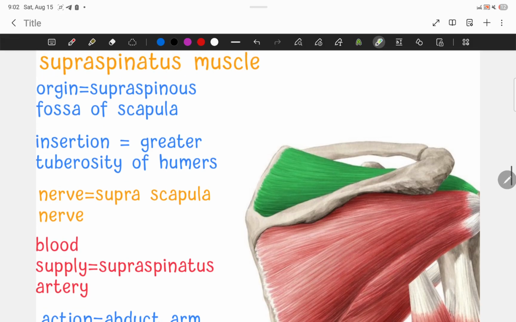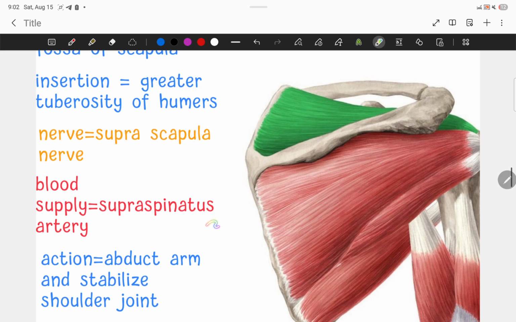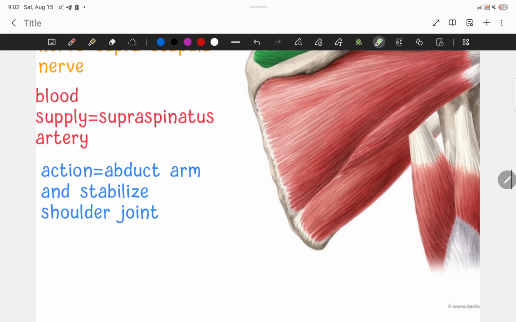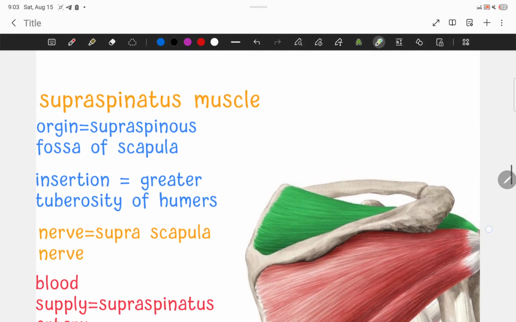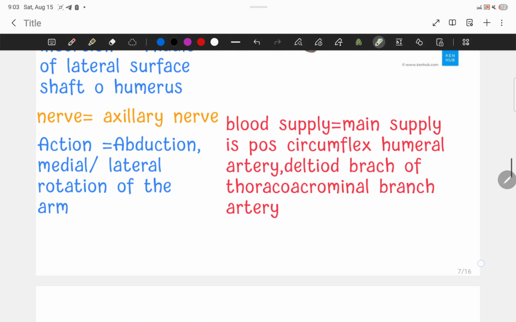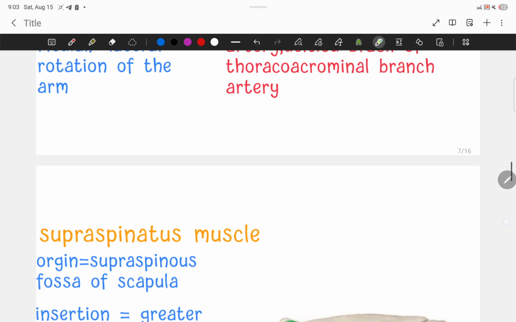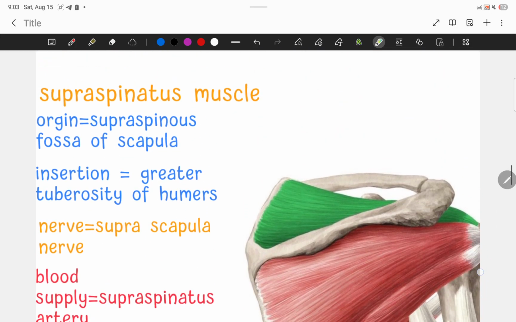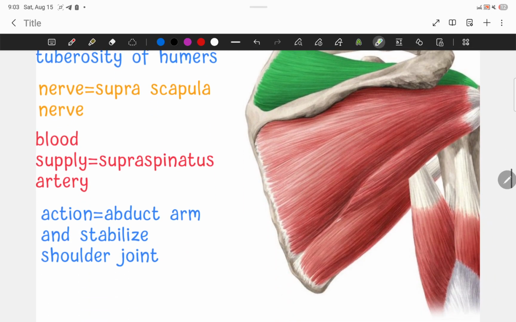Don't forget: supraspinatus muscle, origin supraspinous fossa, nerve suprascapular nerve, blood supply suprascapular artery. The action is to abduct the arm and stabilize the joint. Deltoid is abduction, and supraspinatus is also abduction.